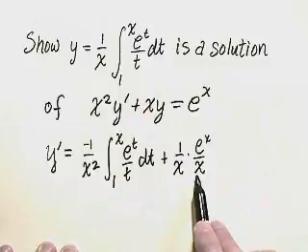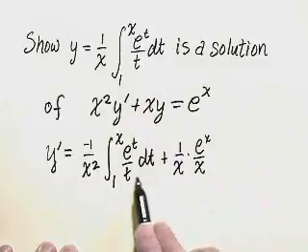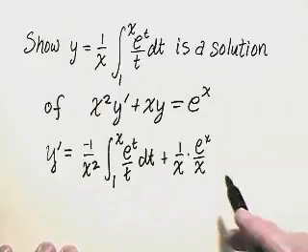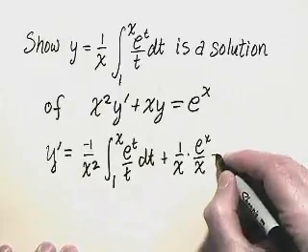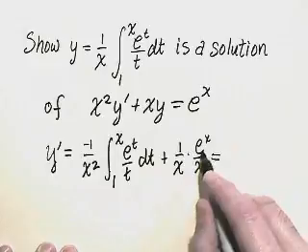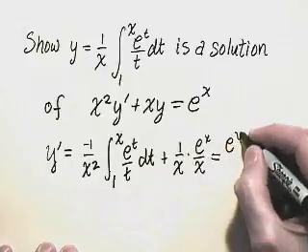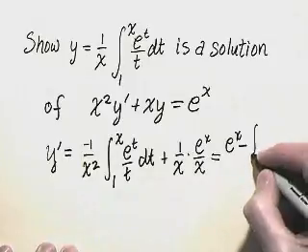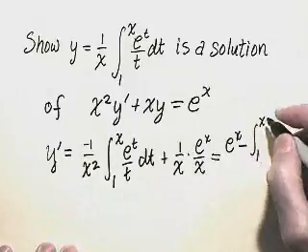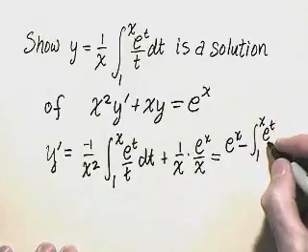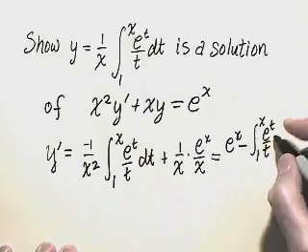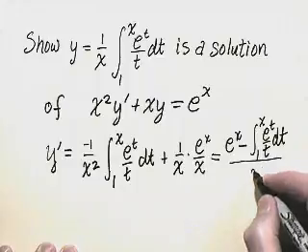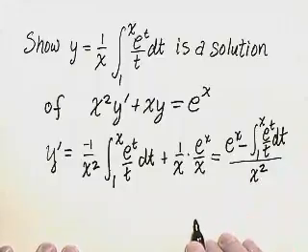You can notice here that in fact we're getting x squared in the denominator, and so we have a common denominator of x squared. I could rewrite this: I'll put the e to the x first, minus the definite integral from 1 to x of e to the t divided by t dt, and this is all to be divided by x squared.